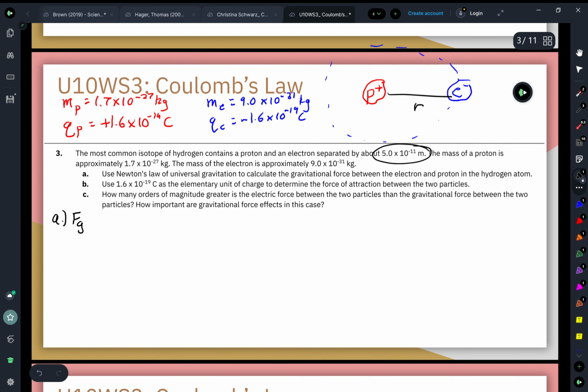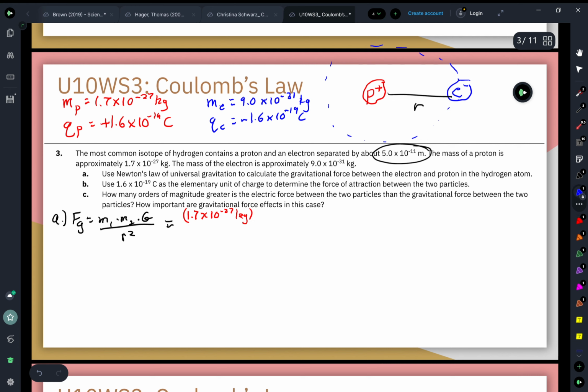So our force of gravity is equal to mass 1 times mass 2 times a gravitational constant divided by the radius between them squared. For this one, the mass of our proton is 1.7 times 10 to the negative 27th power kilograms.